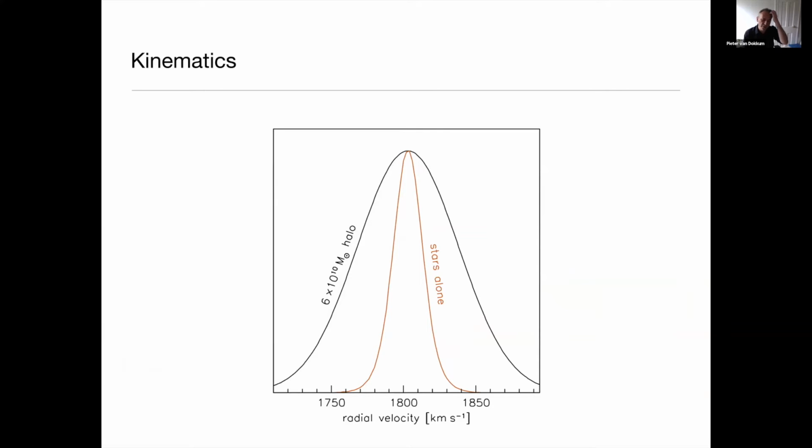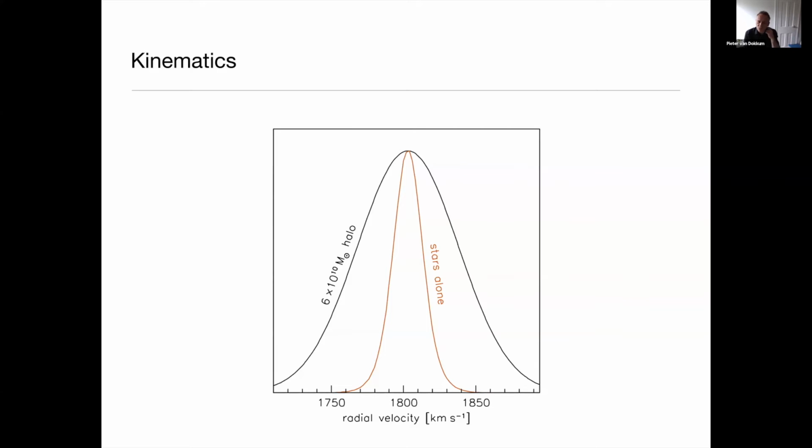This illustrates what we expected. This is what the velocity distribution should look like for a normal halo of 6 times 10^10 solar masses. That's the halo mass you expect for this galaxy if it was similar to the Andromeda dwarfs, if it falls on this normal stellar mass-halo mass relation.